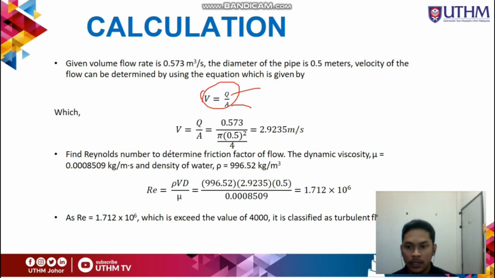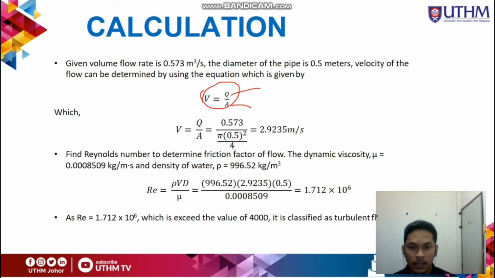And then to find the Reynolds number, we need to use the equation of Re equal to rho VD per nu. For your information, the Reynolds number is used to determine the friction factor of flow.